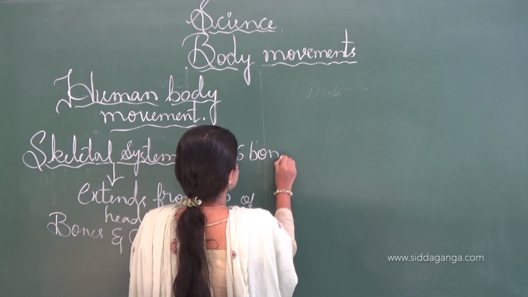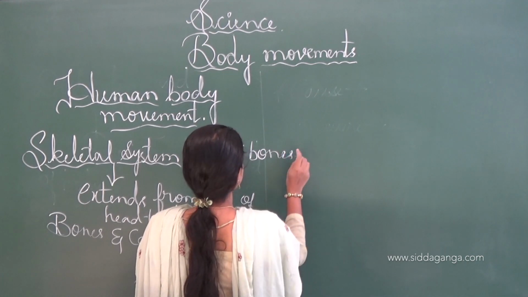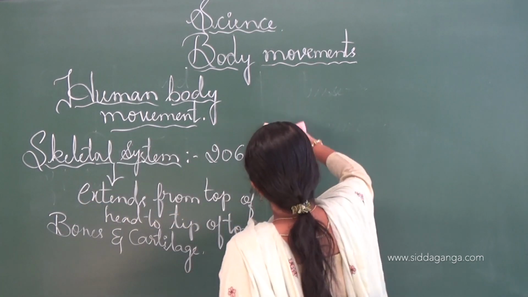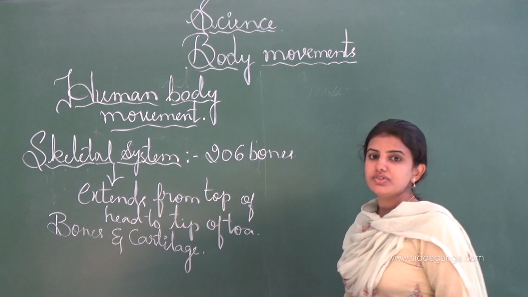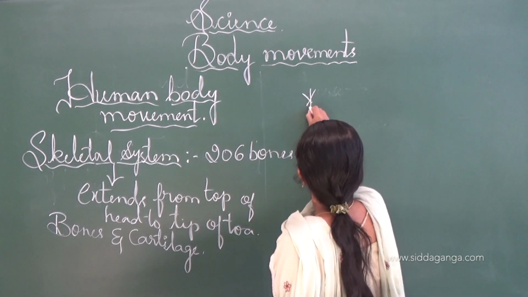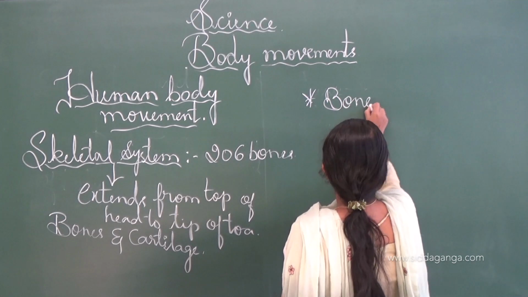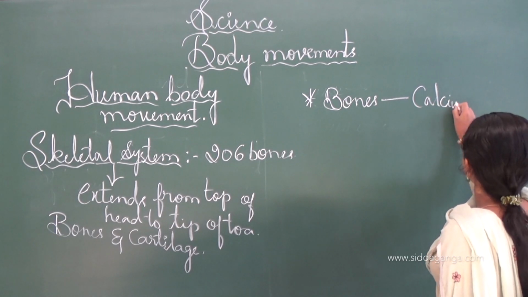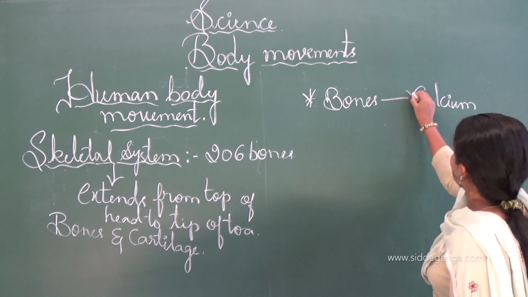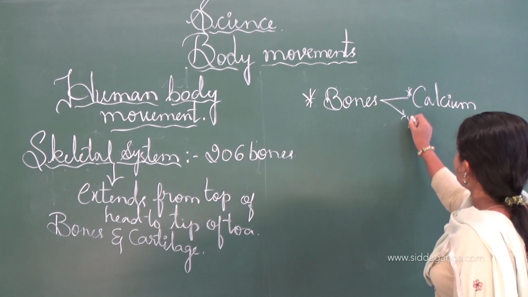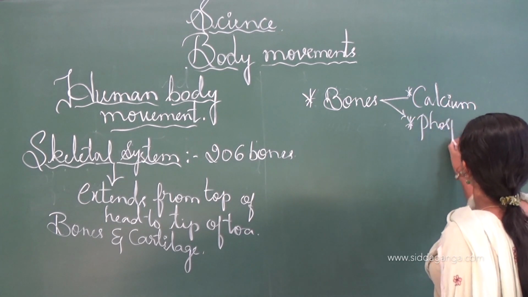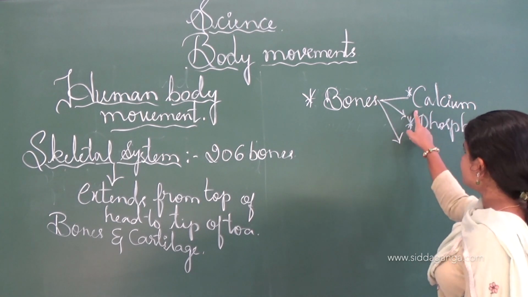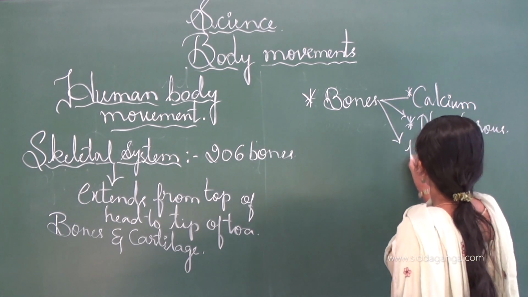Around 206 bones are present in our body. These bones are made up of calcium, phosphorus, and along with these minerals, proteins are present.